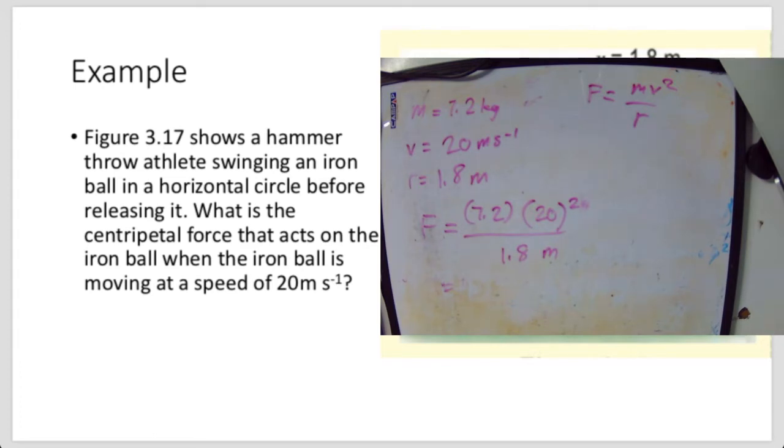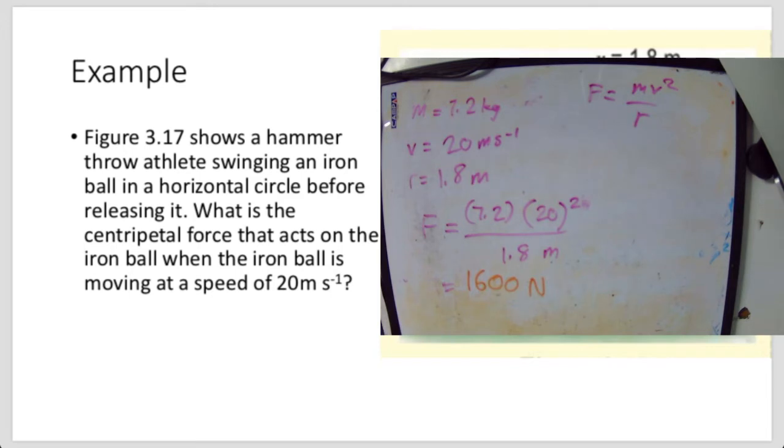Okay, so you get an answer of 1,600 newtons. Meaning to say that the string that you swing the ball with is pulling back at the ball at 1,600 newtons.